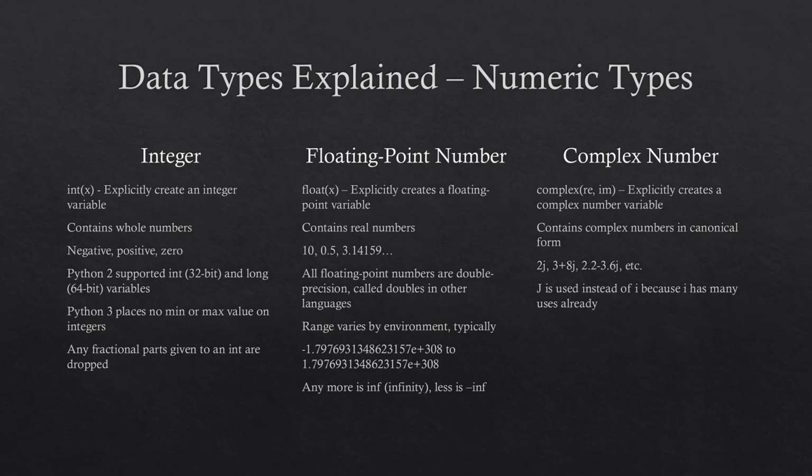Now, you might be thinking, hold on a minute, why is it j? Should the imaginary part be i? When we talk about loops, we'll see why, but needless to say, i is already in use as a naming convention for something else.